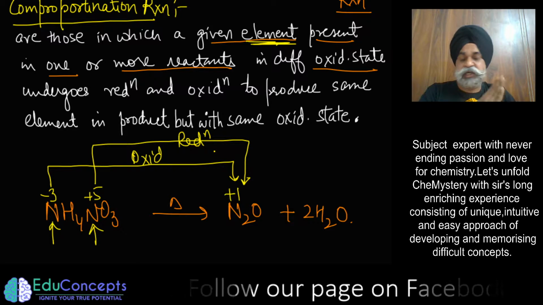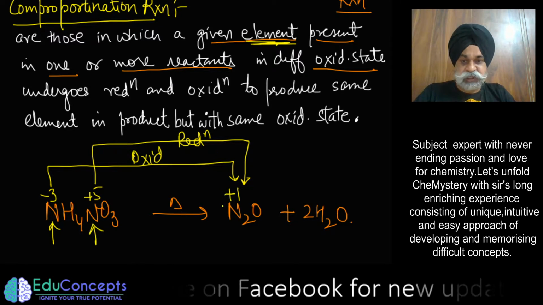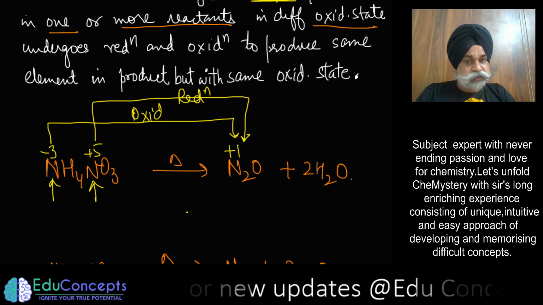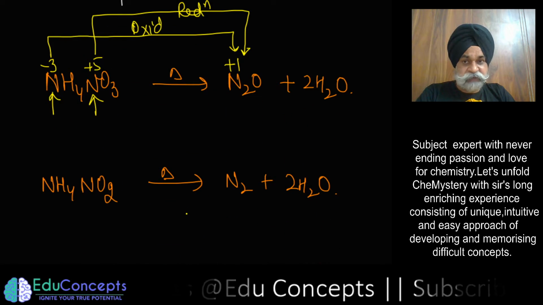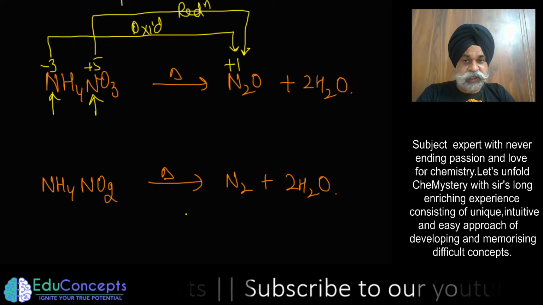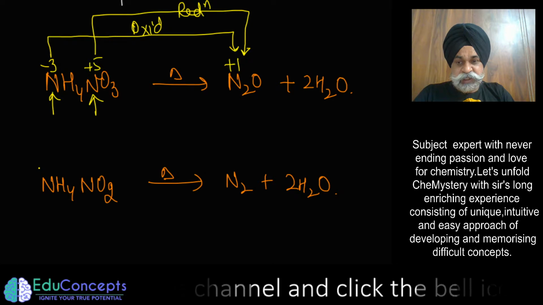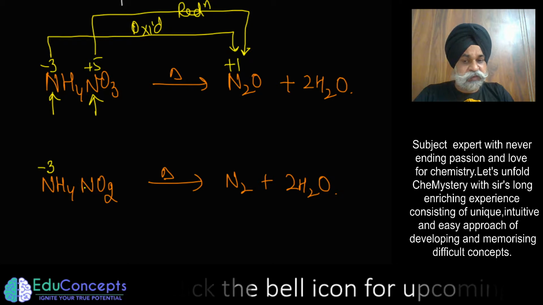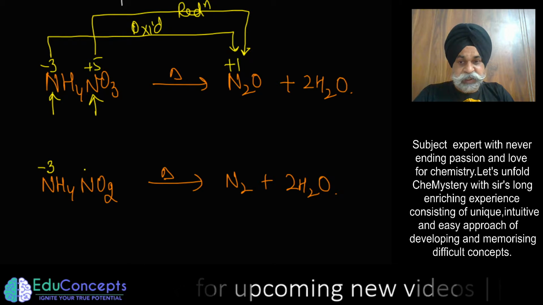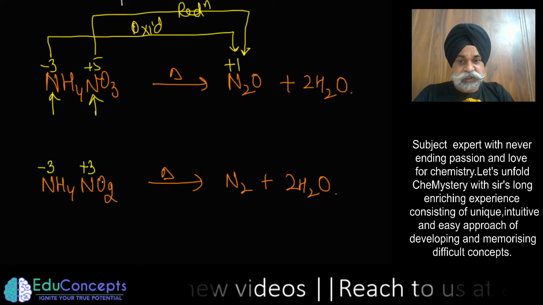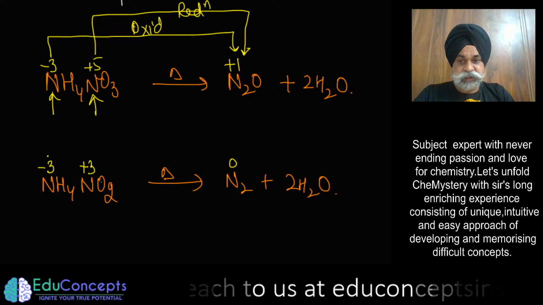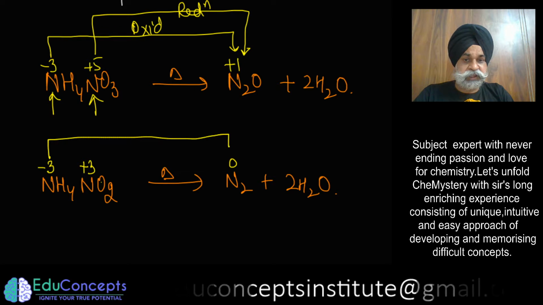So it is totally reverse of the disproportionation reaction. This is what we are supposed to tell you. This is a comproportionation reaction. Now again, if you could see here, this is -3 ammonium ion, and this nitrite ion is in +3 oxidation state. Here it is in 0 oxidation state. So this goes from this side to this side.